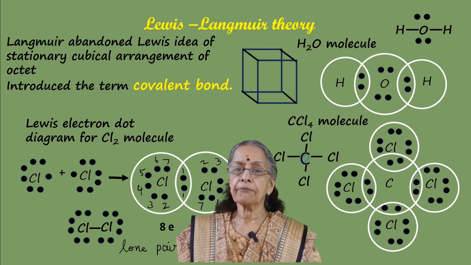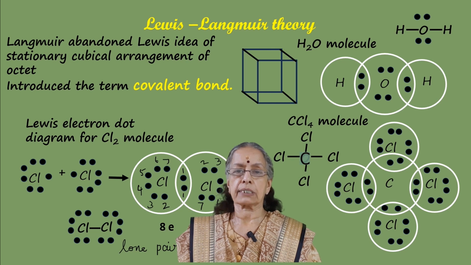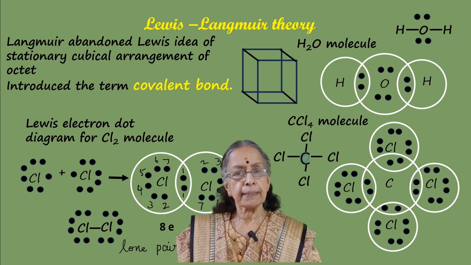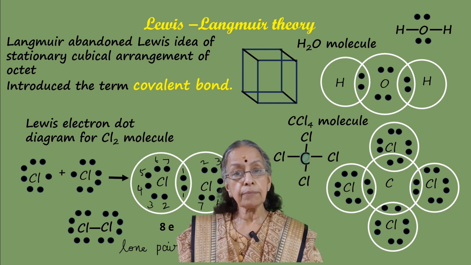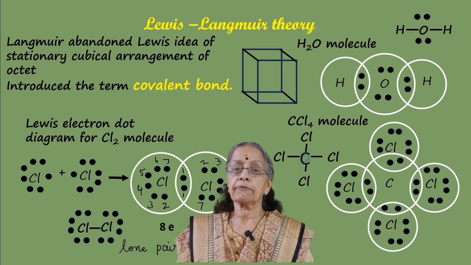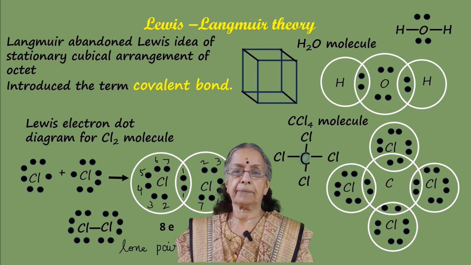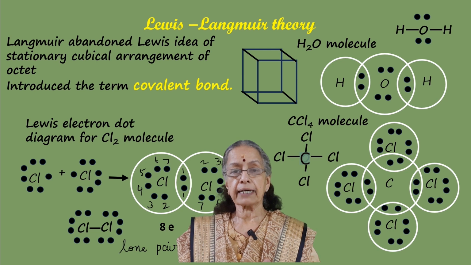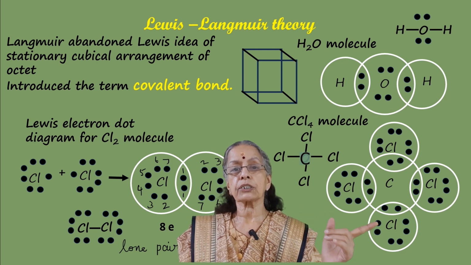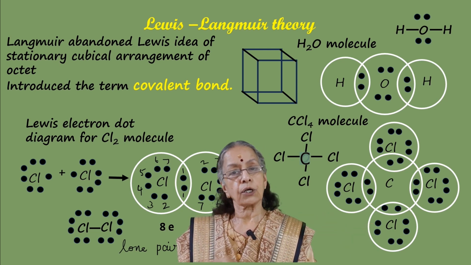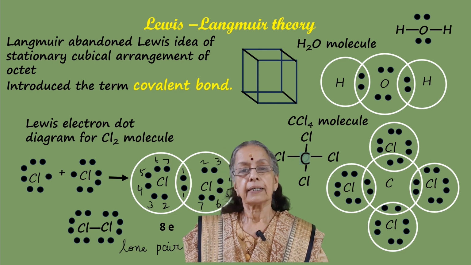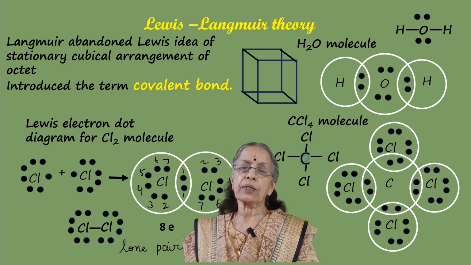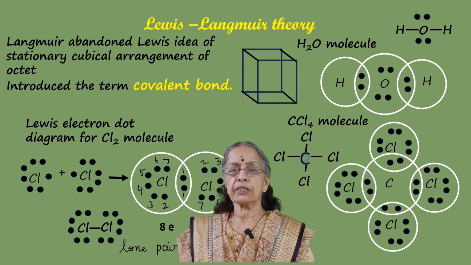Now, here we have discussed only single bonds and the molecules are simple molecules. One single bond results when one pair of electrons is shared. In each pair, one electron belongs to one atom and the other electron belongs to the other atom. In this video, we have discussed only single bonds. In the coming videos, we will discuss more types of bonds.